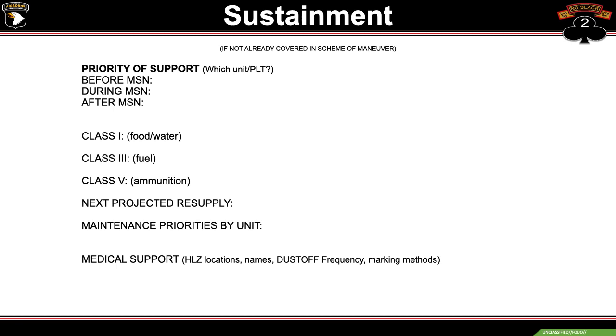And then methods of marking HLZs, marking AXPs, which is an ambulance exchange point. So if we were to do CASEVAC and have to put a casualty in one of the vehicles and then take them to a pre-designated ambulance exchange point, and then marking stuff at day and night based off our SOPs.